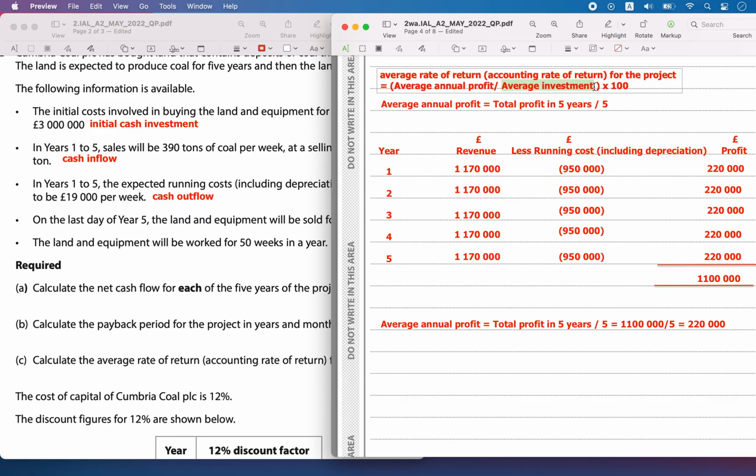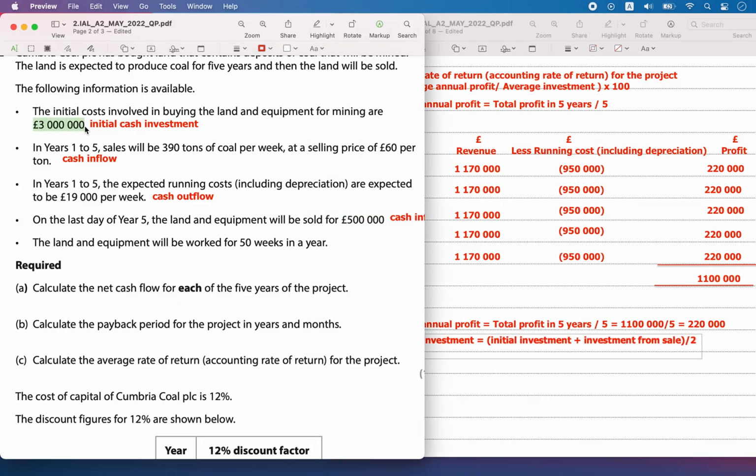Next is the average investment. Average investment is the cash outflow that happened initially plus the cash inflow that happened at the end due to the sale value, divided by 2. Only for the investment, divided by 2, that is going to be your average investment.